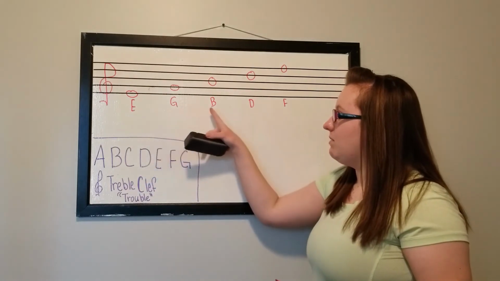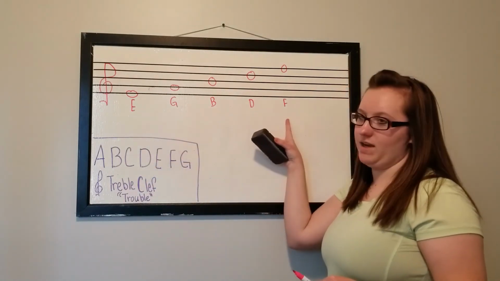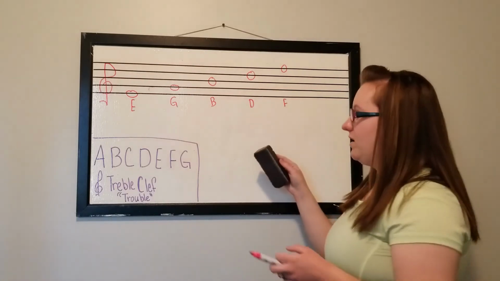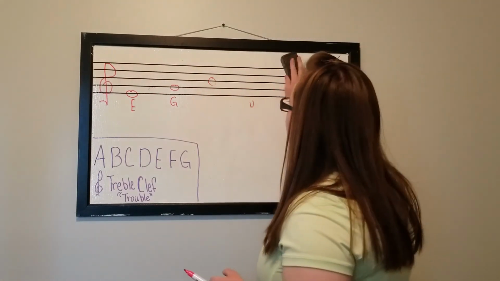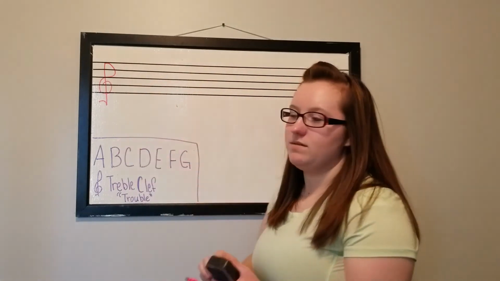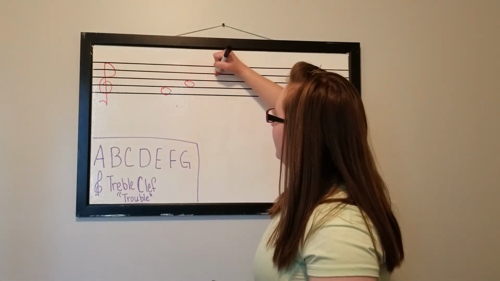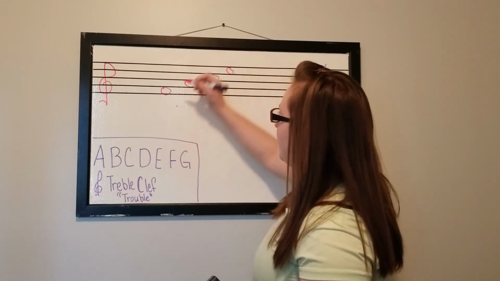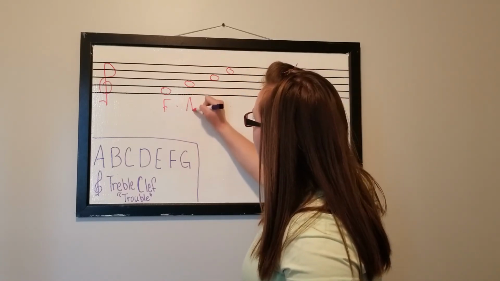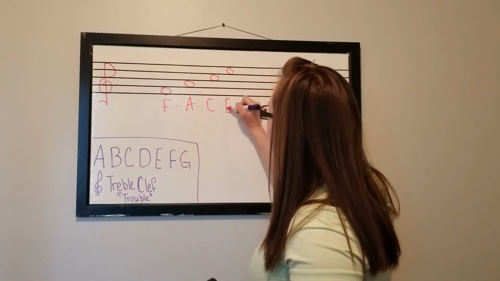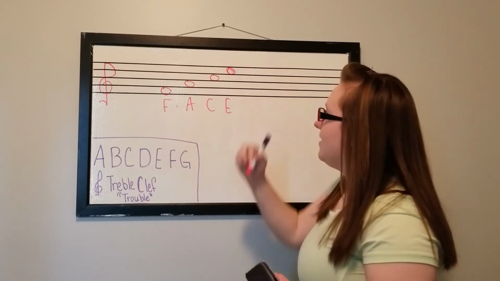Every good boy does fine. That's not too hard. And then for the spaces, it was that one clever word. Anyone remember? F, A, C, and E. We spelled the word face.